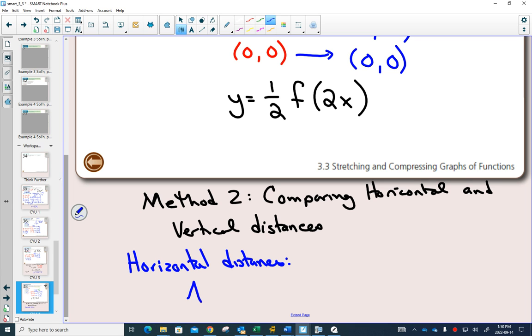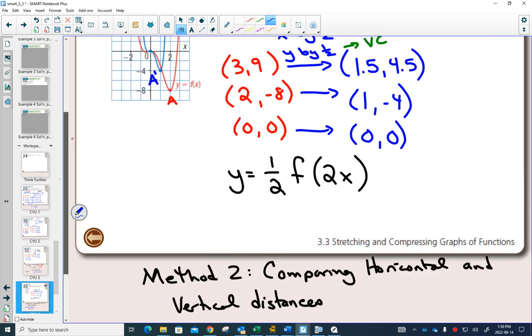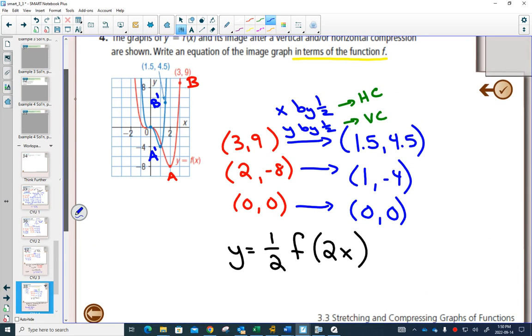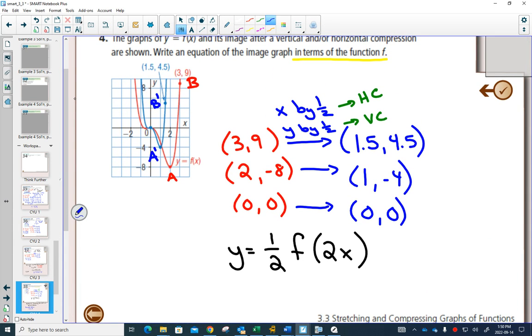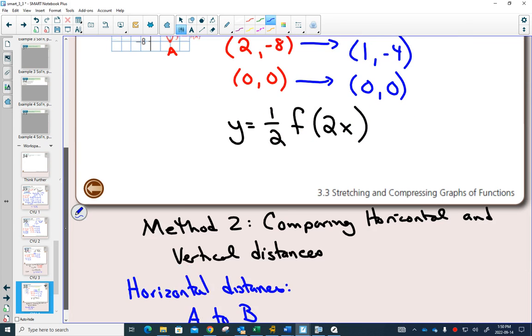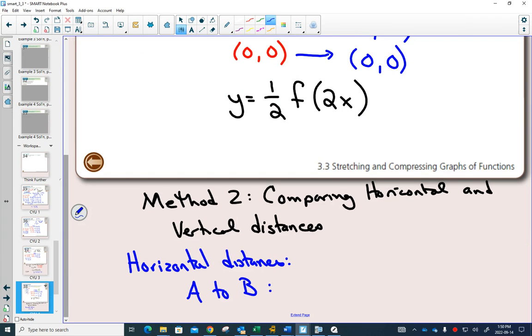On the original graph, if you went from A to B horizontally, can you see going from A to B goes from 2 to 3, which is 1 to the right? So we would show 1 to the right as a +1. You don't have to write that plus sign, but if it went 1 to the left, I would write -1. Does that make sense?